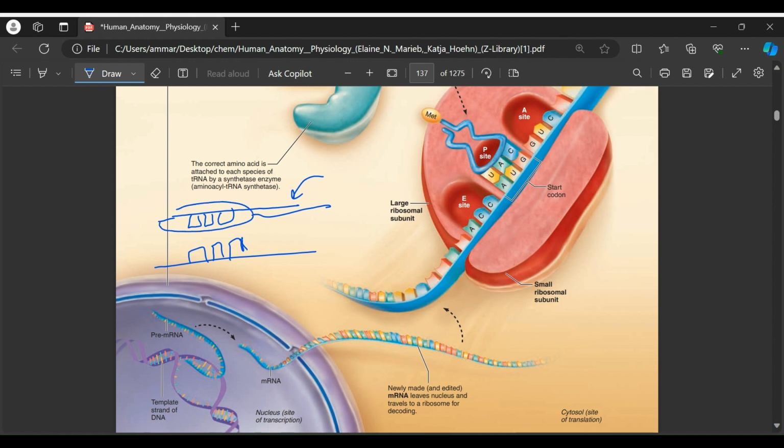We said that these are the three nucleotides in a coding DNA strand, and these are three nucleotides on the opposite strand, which is the template strand. The mRNA will be formed here, and it will also have three nucleotides complementary to these.